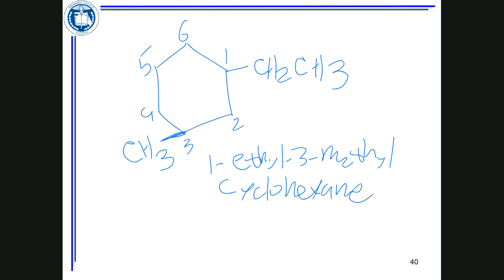What happens if you have 1 branch only? If you have 1 branch only, you don't have to number it because it is understood that it is your carbon 1. So instead of saying 1-ethylcyclohexane, you just say ethylcyclohexane.